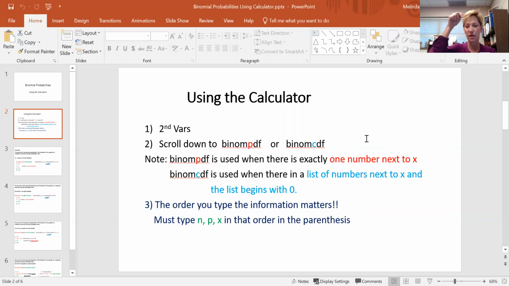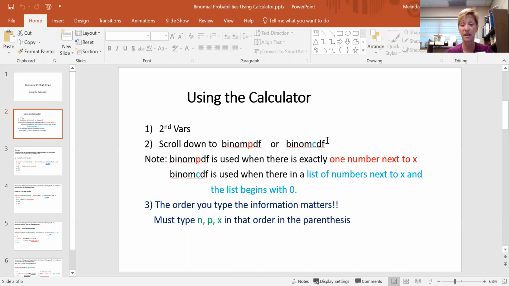If you notice, when you get down to the bottom, like number 7's got an arrow pointing down, that means there's things below that. So keep scrolling all the way down. On mine, 0 is binomial PDF and A is binomial CDF. It might be different on your machine depending on the order, but you keep scrolling down until you can find binomial PDF and binomial CDF because we're doing binomial probabilities.